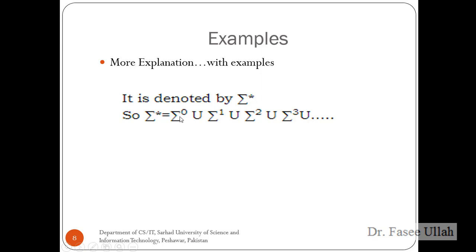The power 0 and the empty string have the same meaning. Then sigma to the power 1, sigma to the power 2, and sigma to the power 3. In the middle we have the union symbol, which means concatenation, combining. This is the concatenation symbol. If we are not interested in putting the symbol, it's not necessary.